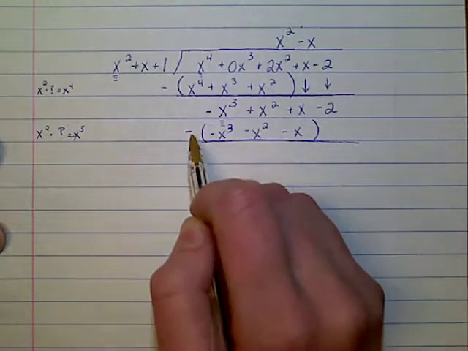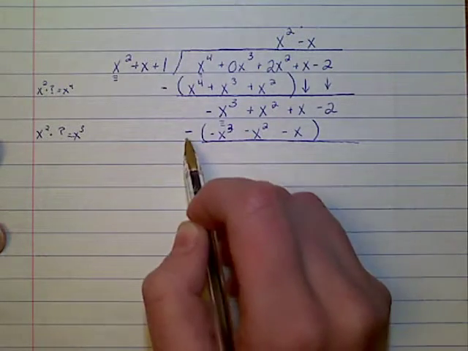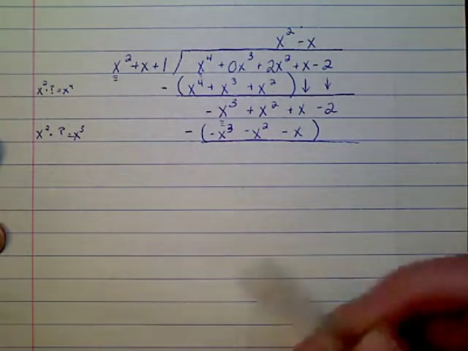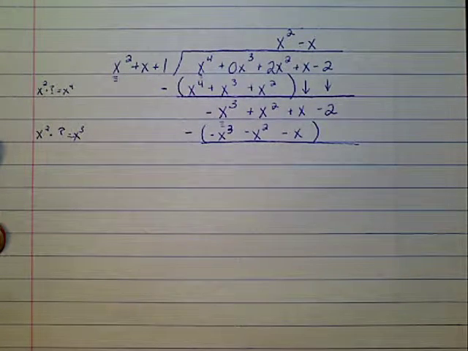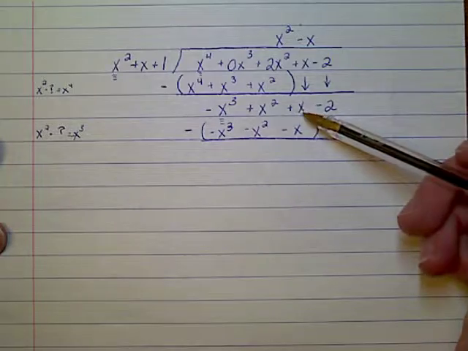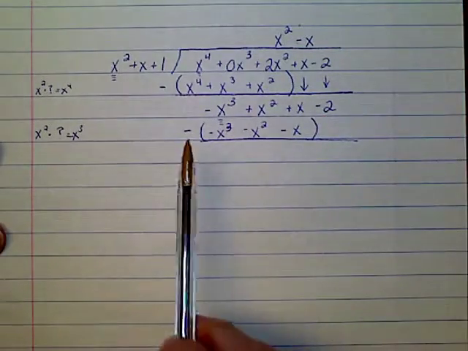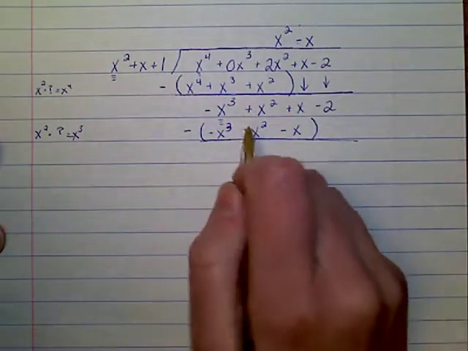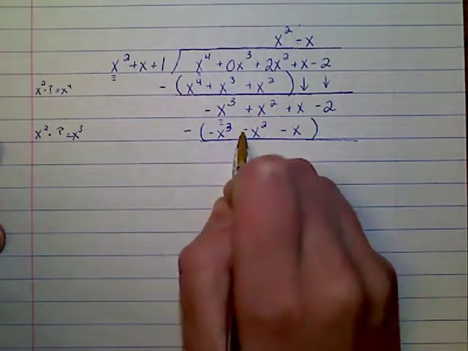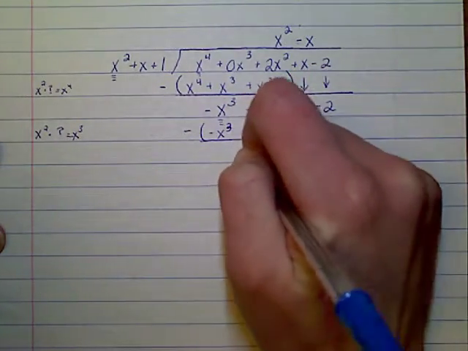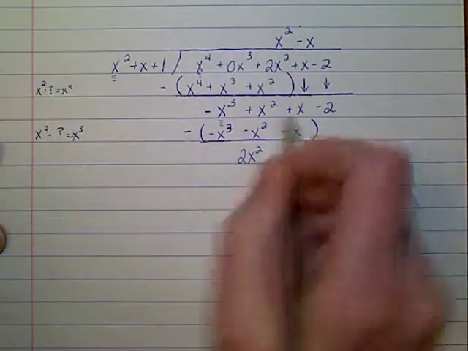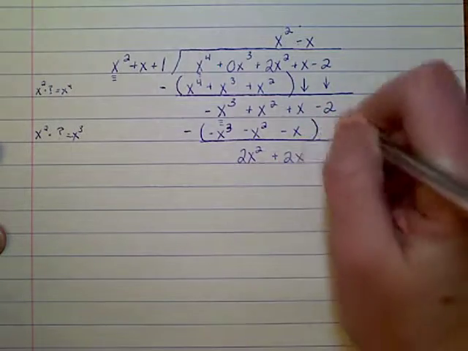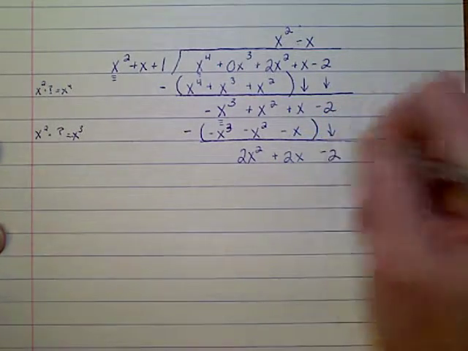X squared minus a negative, that also cancels. So we don't have anything there. And then that does not cancel. I didn't follow my own advice. X squared minus a negative, that becomes plus, that's 2x squared. X minus a negative x becomes a 2x. And then I'm going to bring down my minus 2.